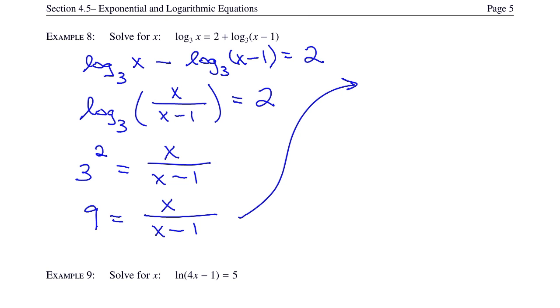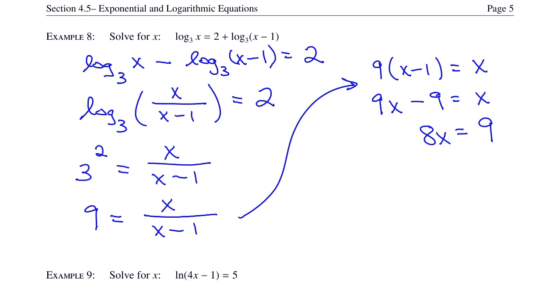Let me cross multiply, get 9 times x minus 1 is equal to x. Distribute the 9, you get 9x minus 9 equals x. Moving the x's to the left, you get 8x. Moving the number to the right, you get 9. And then x is equal to 9 over 8.